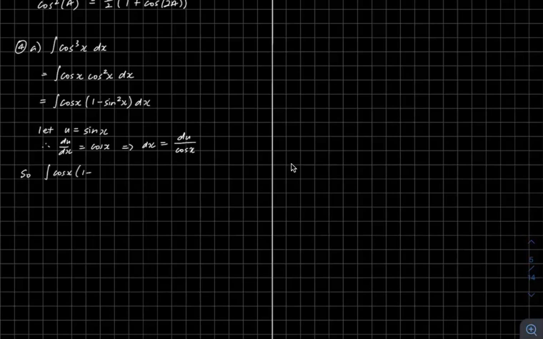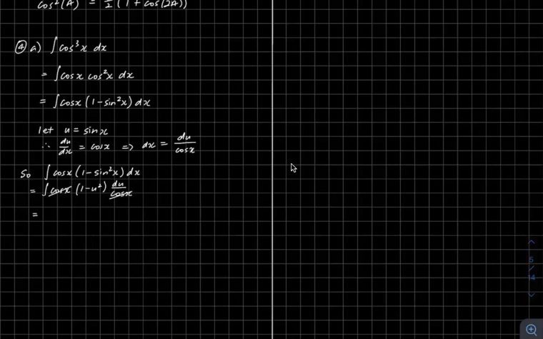Cos x times 1 minus sine squared x dx we can now write as the integral of cos x times 1 minus u squared times du over cos x. That's going to cancel out our expressions involving x and leave us purely with an integral in terms of u.